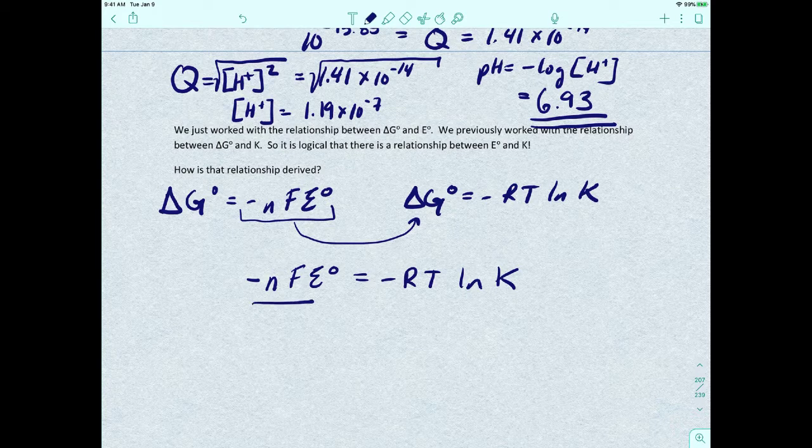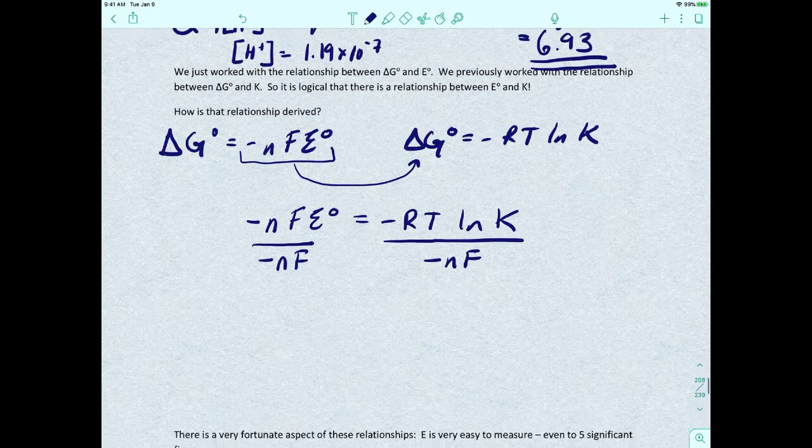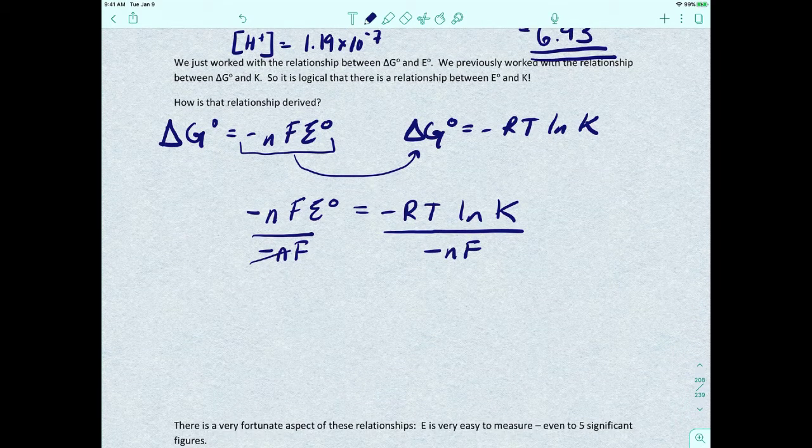So if I divide both sides by negative NF, the negative NF cancels out on either side. On the left-hand side, the negative sign cancels out on both sides.